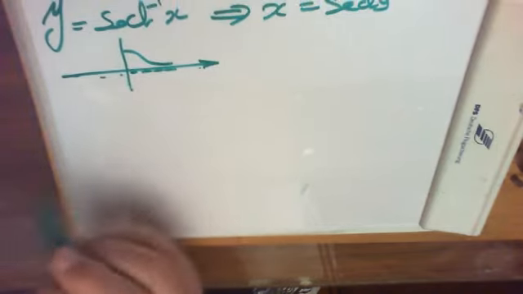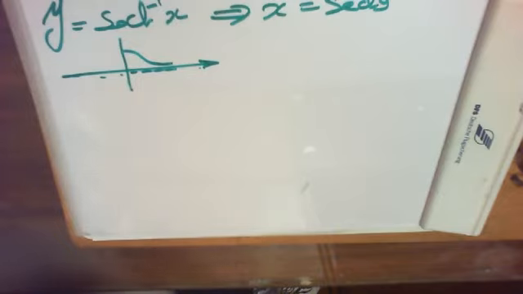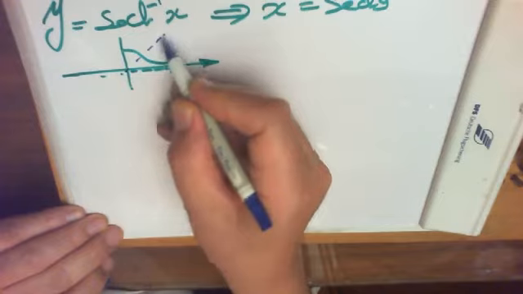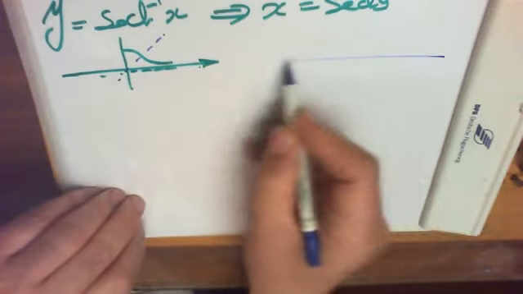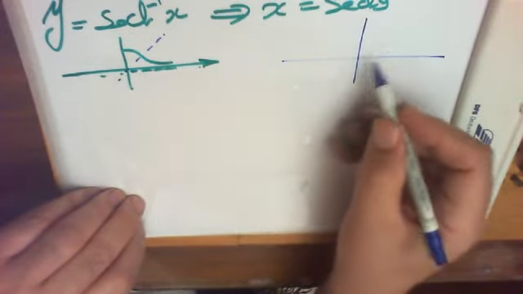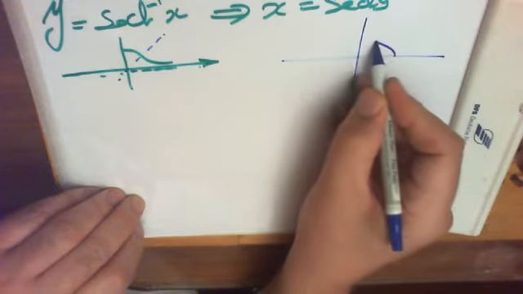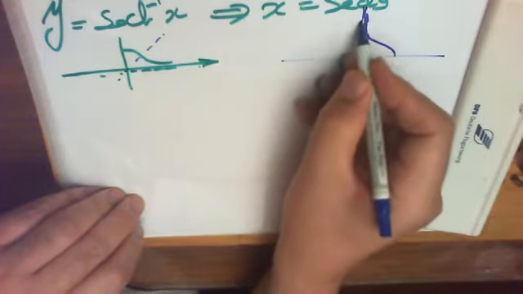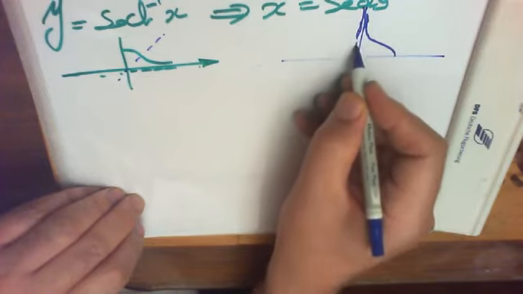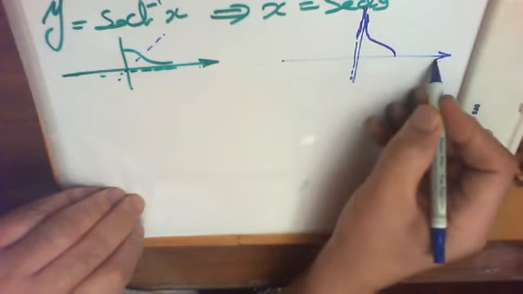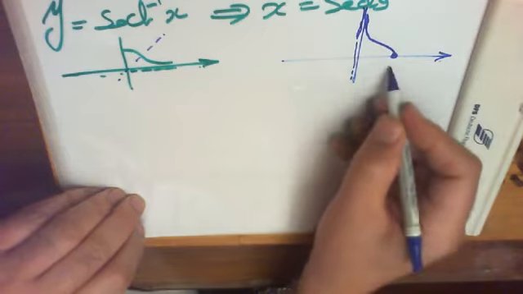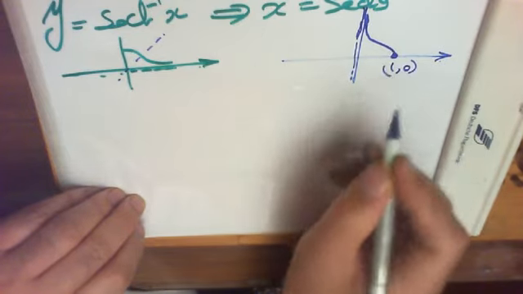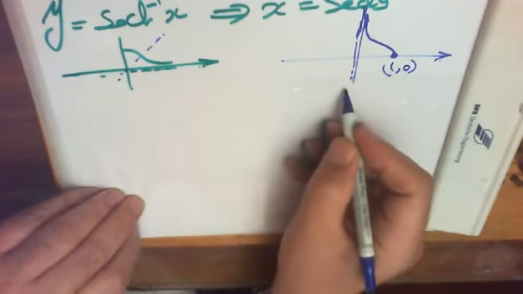Using reflection with respect to y equals x will result in that curve. Here the y-axis is a vertical asymptote. This point is 1 and 0. Okay, this is x equals 0.